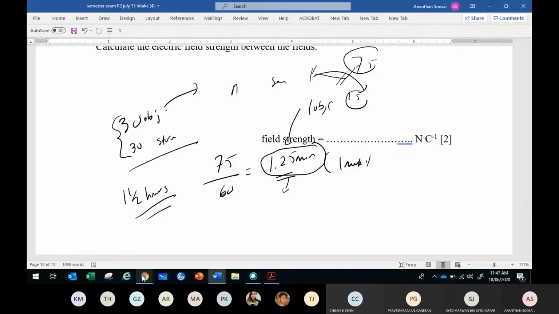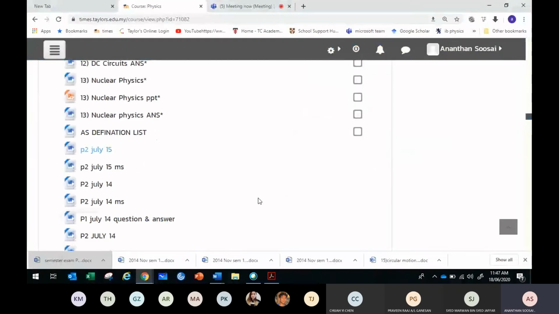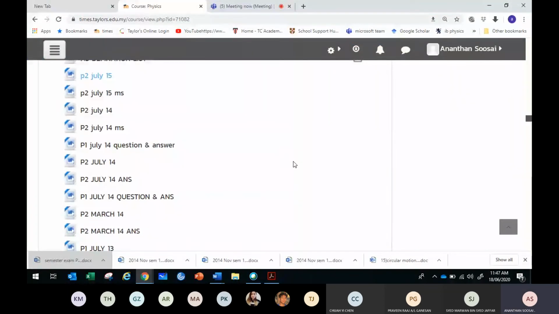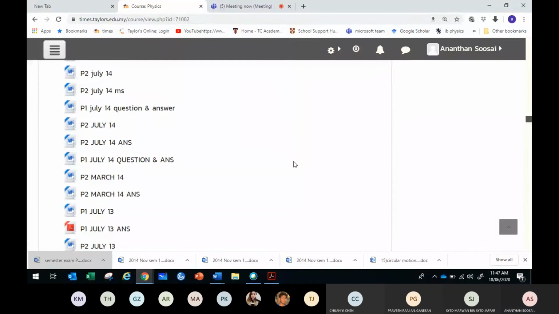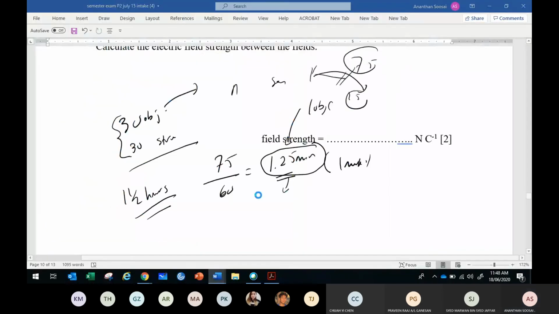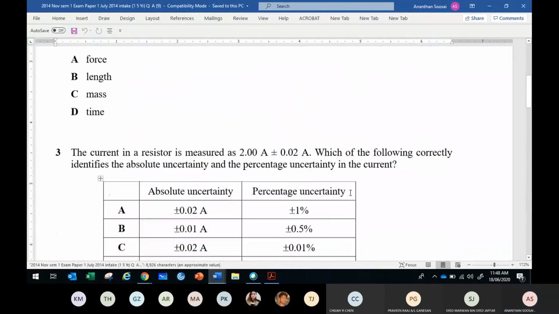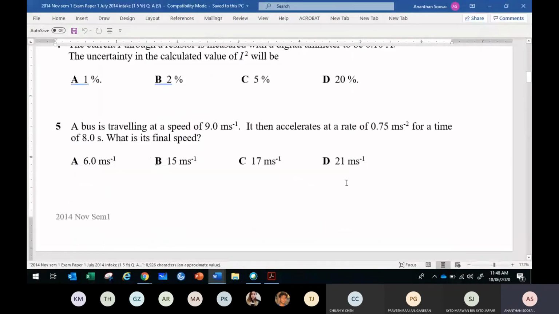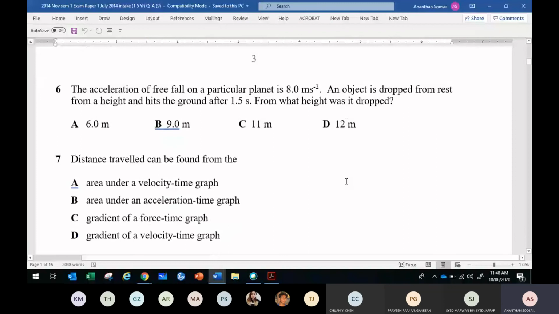Okay. So no questions. Okay, let me go through some other papers. I go through the papers which your seniors had problem with. I go to paper 1, July 14. Let me select randomly one question. Okay, any question which, this is the same one, right?